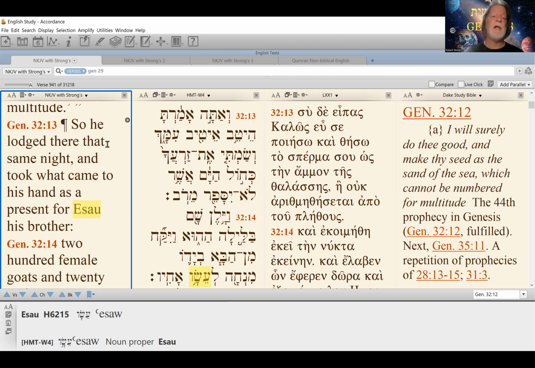Verse 13: so he lodged there that same night and took what came to his hand as a present for Esav, his brother. Now, what follows is going to be a huge list of animals, like way more animals than I envision as I try to imagine what this company of his family looks like moving south.